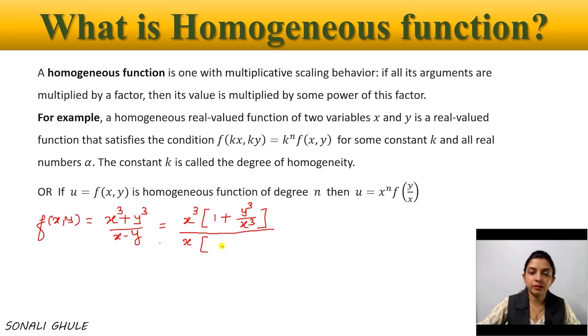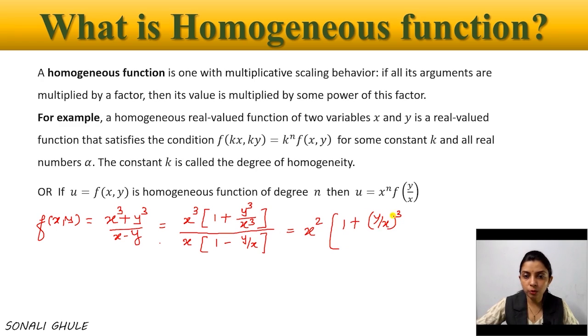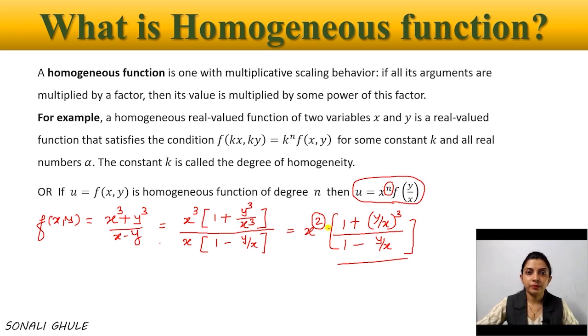Take x common, and you can write 1 minus y upon x. Now see here, I can write this as x square in bracket 1 plus y upon x whole cube upon 1 minus y upon x. And you can check this is a function in terms of y upon x. So this satisfies this condition. And what is the degree here? n. And what is the value for n here? 2. So I hope you all understand what is a homogeneous function.